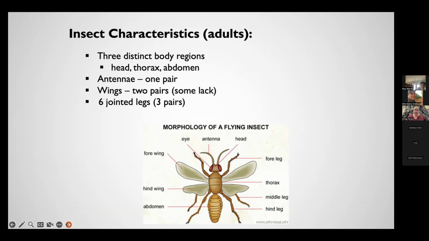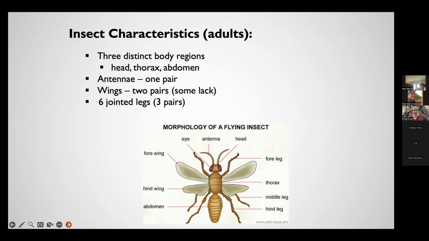Sometimes you're not able to see the distinction between the thorax and the abdomen, because over time that distinction is no longer obvious. But it is there. It's just not as apparent as in the image below, where you can definitely see the thorax and the abdomen.